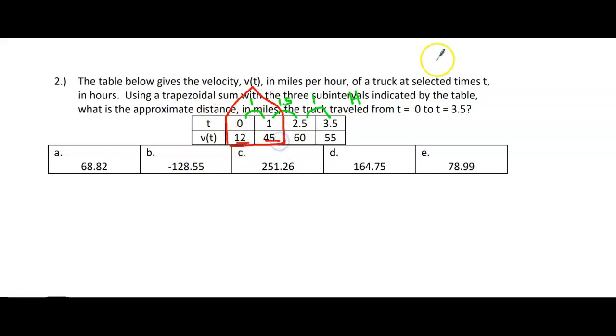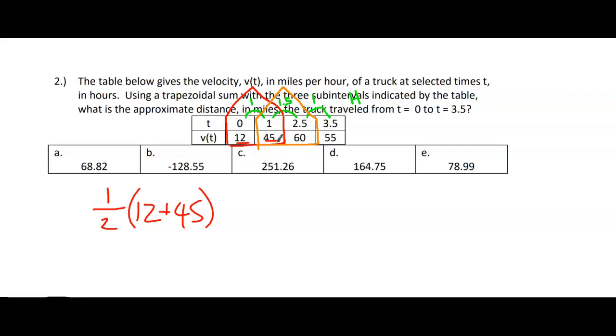These are my bases, so it's going to be 12 plus 45 multiplied by the height over 1. I'm sorry, over 2. My next trapezoid will be the next 2 bases combined with that height up there.